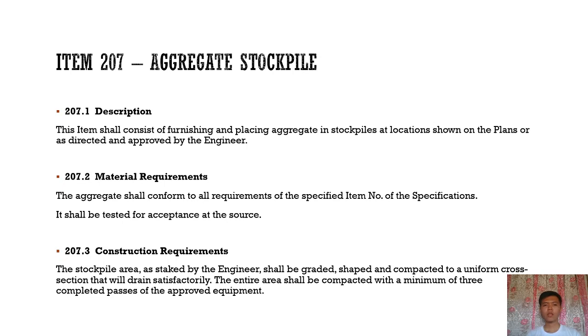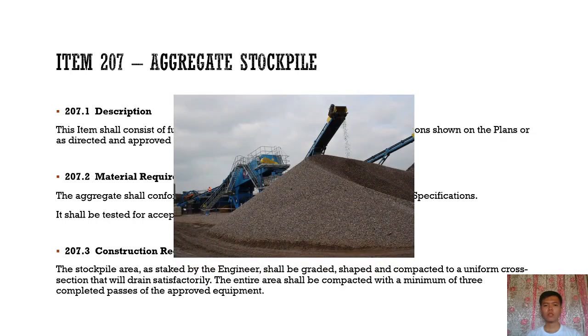Item 207, aggregate stockpile. This item shall consist of furnishing and placing aggregate and stockpiles at locations shown on the plans or as directed and approved by the engineer. By the way, an aggregate stockpile looks like this.